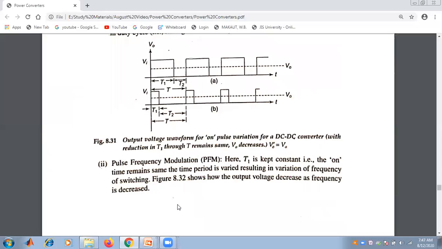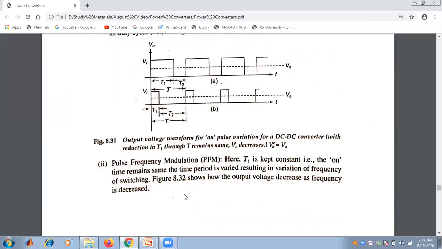Another is the pulse frequency modulation, called PFM. In this case, T1 is kept constant, that is the on time remains the same. The time period is varied, resulting in variation of the frequency of switching. We are now concentrating on the frequency of switching.